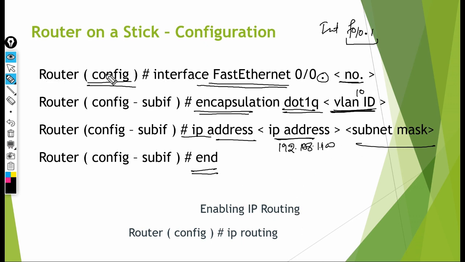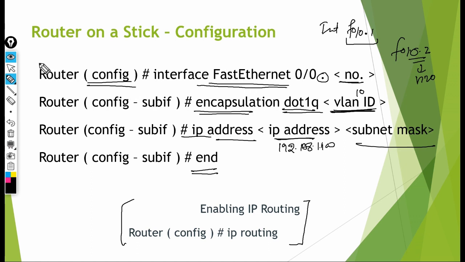Like that, you need to configure one more subinterface, FastEthernet 0/0.2 for VLAN 20, and the IP address will be 192.168.2.100, and after that you need to enable IP routing. That's it. This is only the layer 3 configuration which you need to perform for router on a stick.